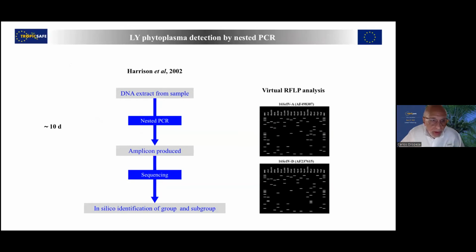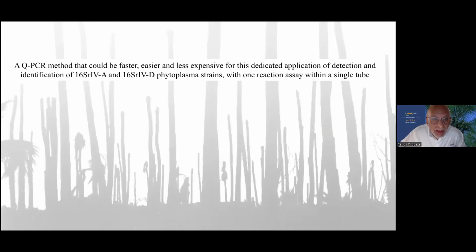And then with those samples, you can use molecular tools for detection and identification of the subgroups. With this methodology presented here, it can take about 10 days from start to finish. It's good to have the methodology, but it takes long.